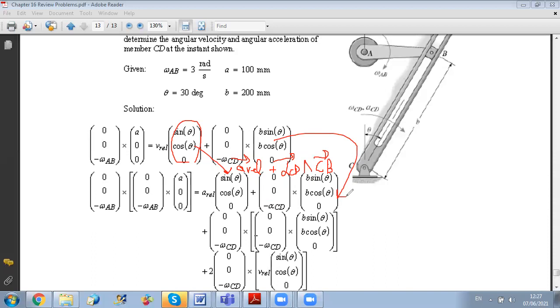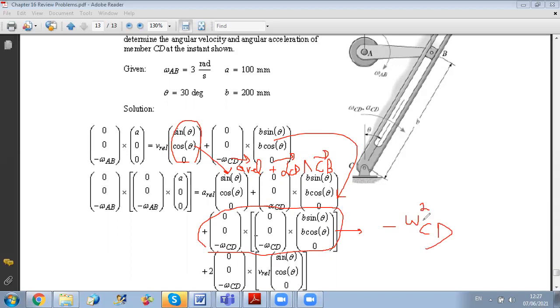Now, this term is minus omega squared CD. And omega CD we got from the previous step. So this is why you should always start with the vectorial relation of velocities to get V relative and omega CD, because you will use them in the acceleration relation.